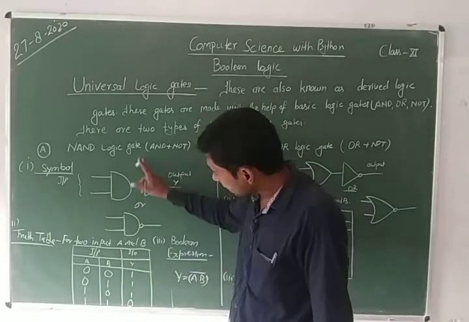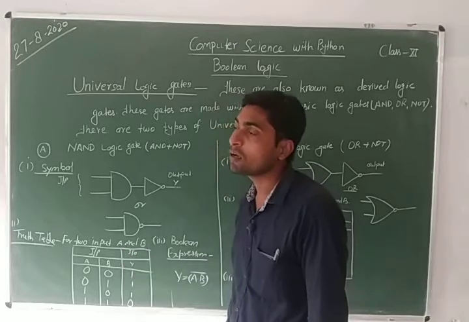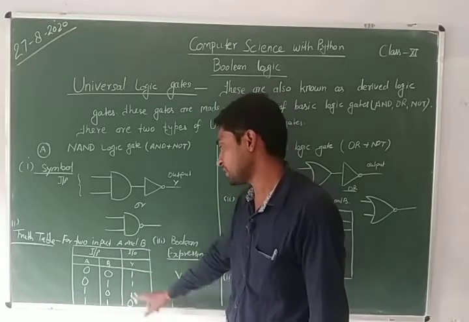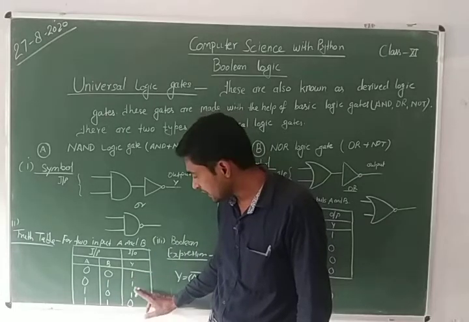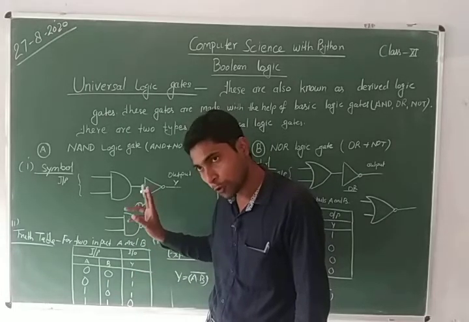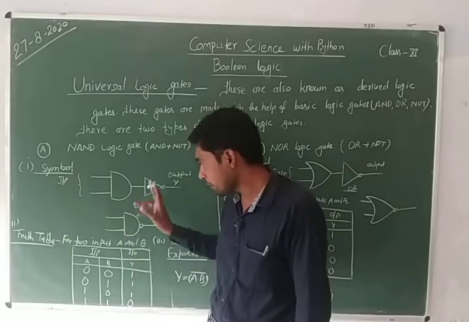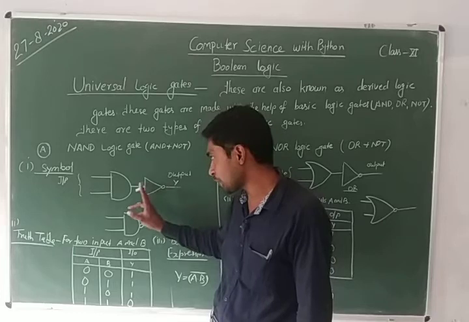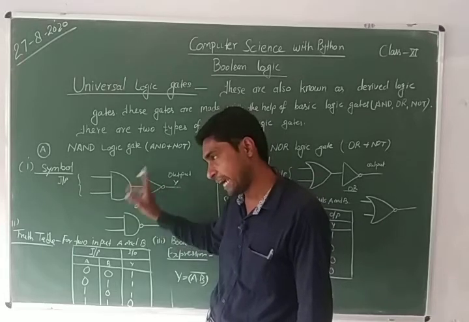The output of the NAND gate will be 1, 1, 1, 0. Means it is the reverse of the AND operation. Remember that it is the reverse of the output of the AND gate, because we apply the NOT gate at the output of the AND gate.